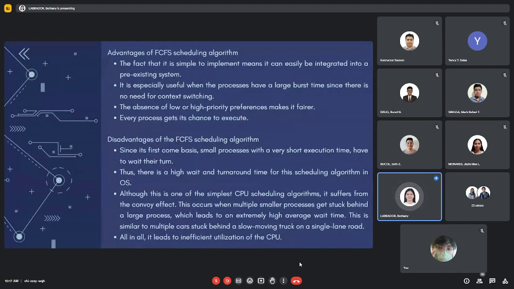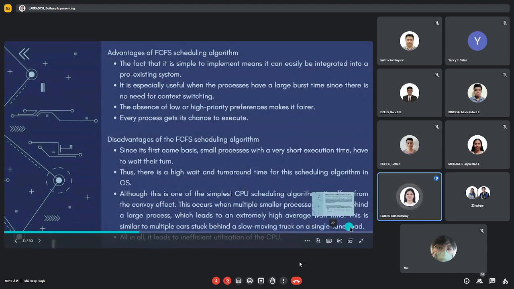Although this is one of the simplest CPU scheduling algorithms, it suffers from the convoy effect. This occurs when multiple smaller processes get stuck behind a large process, which leads to an extremely high average wait time. This is similar to multiple cars stuck behind a slow-moving truck on a single road. And lastly, all in all, it leads to inefficient utilization of the CPU.